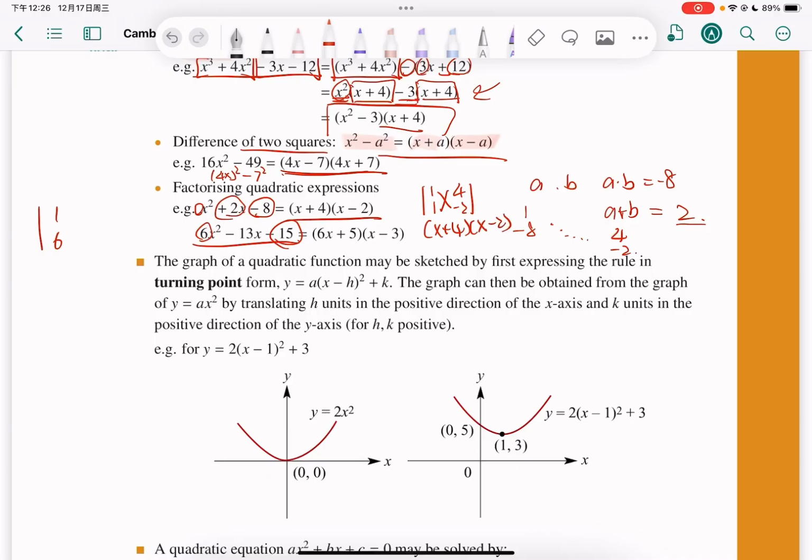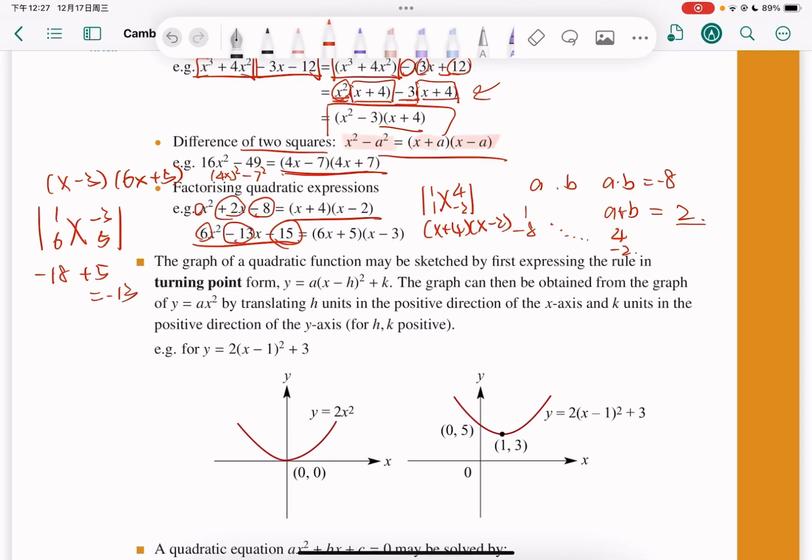And because you want to make negative 13, if you multiply it together, then it should be negative 18 plus 5, which is negative 13. So it becomes x minus 3 and 6x plus 5.